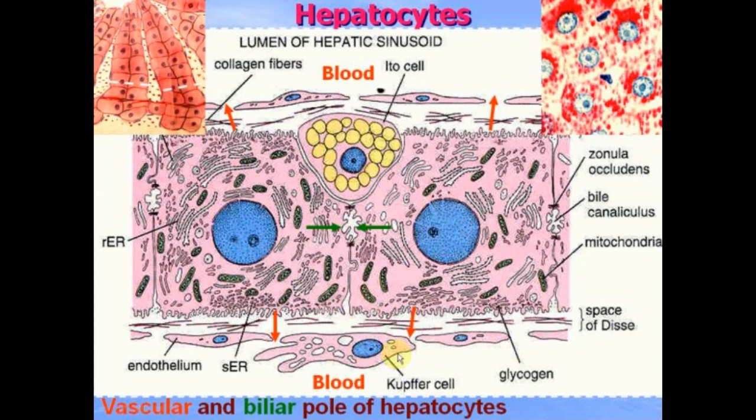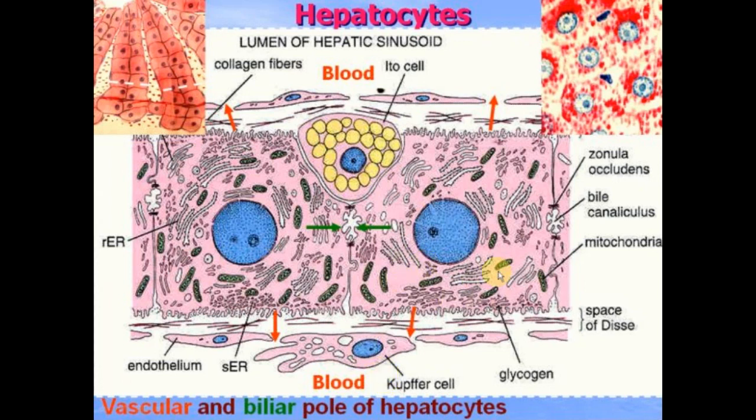In the sinusoid wall there are also Kupffer cells or stellate macrophages which can phagocytose bacteria and foreign particles which flow through the sinusoids.